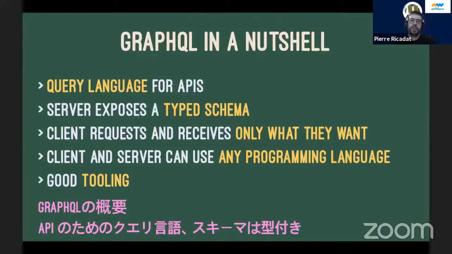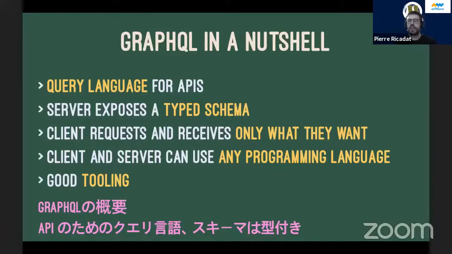It's another way to expose APIs for clients to consume your data. What is special about GraphQL is that the server exposes a typed schema. Everything that the API exposes is predefined in what we call a GraphQL schema. And then the client can request only what they want.